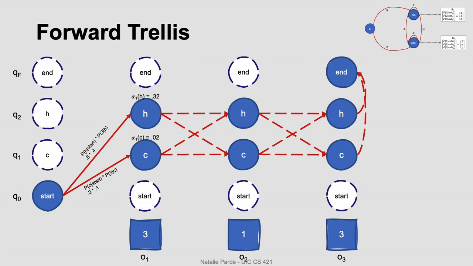So this means we computed the following forward probabilities at time step 1. Now we can move on to time step 2, where Jason ate 1 ice cream cone. Just like previously, we'll multiply the relevant transition probabilities and observation likelihoods. Transitioning from H, we'll multiply the transition probability for remaining in H times the observation likelihood of eating 1 ice cream cone given that it's hot, and then the transition probability from H to C times the observation likelihood of eating 1 ice cream cone given that it's cold.